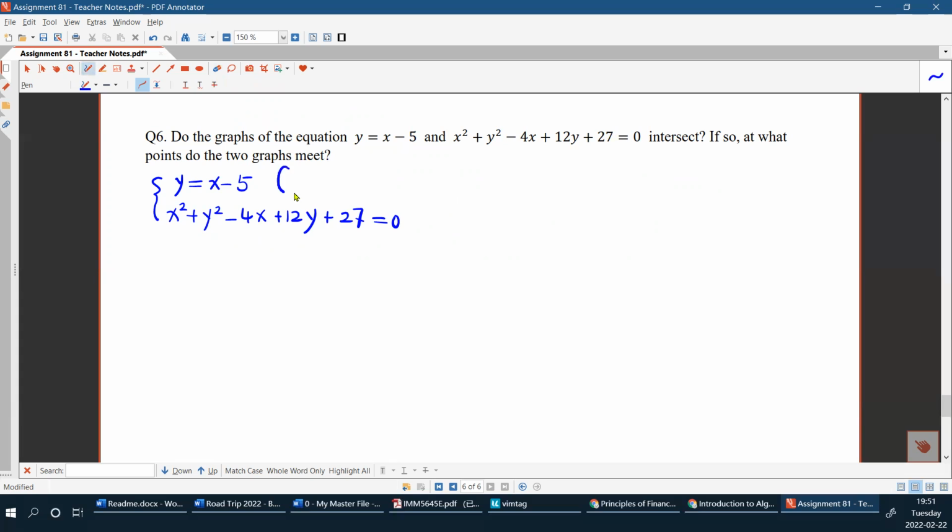So we can start from the simpler one, which is a linear equation. We can put the linear equation into the second equation, right?